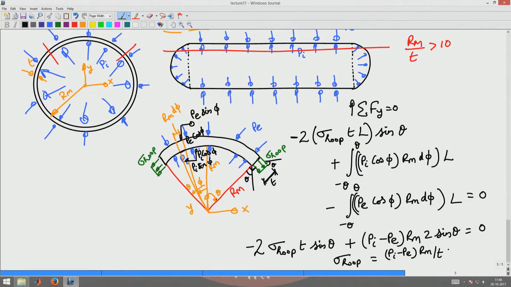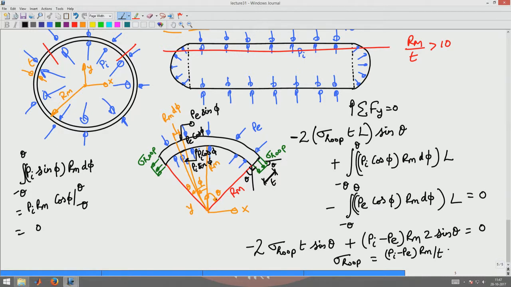Okay. Now, let us see what happens to the horizontal component. I will just show what happens to Pi sin phi Rm d phi integrated from minus theta to plus theta. This will be Pi Rm cos phi from minus theta to plus theta, which is 0, because cos of minus theta is cos theta.